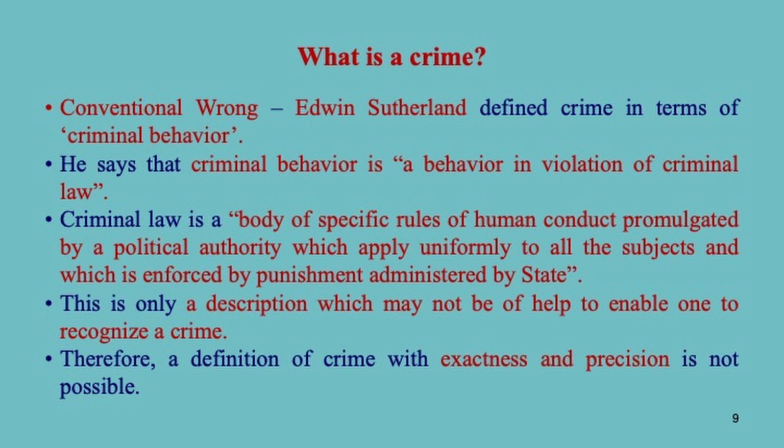These rules apply uniformly to all the subjects and they are enforced by punishment which is administered by the state. This is only an enumeration of the characteristics of a crime which will not help us in recognizing a crime. Therefore, a definition of crime which is precise and which helps us in identifying a crime has not so far been provided by any writer.